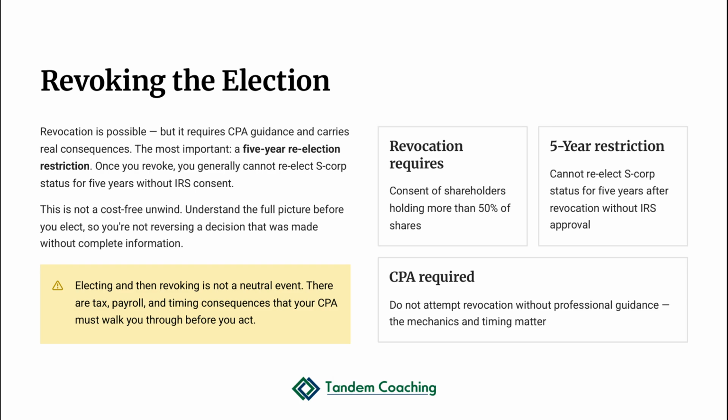The restrictions kick in on the re-election side. There's a 5-year re-election restriction. Once you revoke an S-Corp election, you generally can't elect again for the same entity for 5 years without IRS consent. That window is long enough that revocation has to be treated as a substantive decision, not a quick fix to a year where the math went the wrong way.